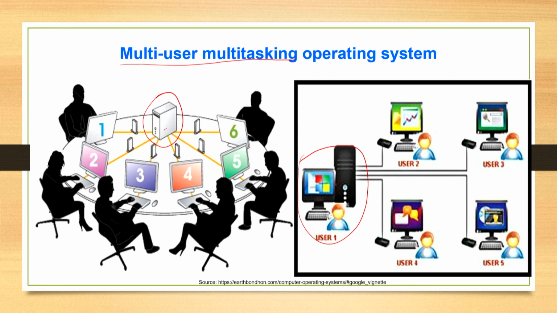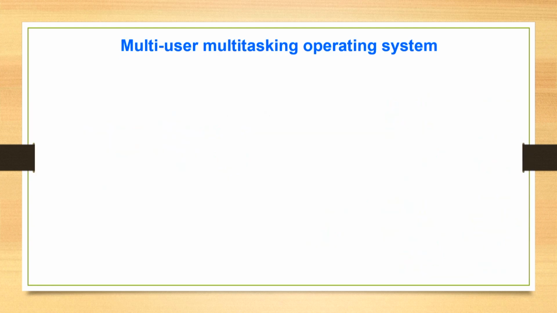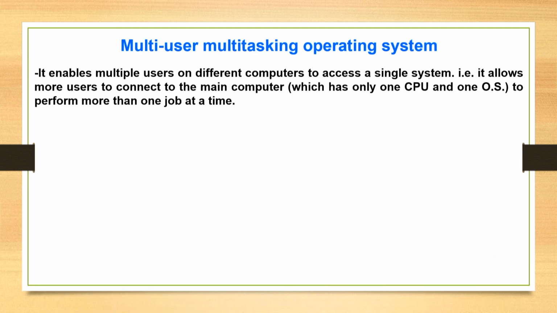So, what is done in the multi-user multitasking operating system? It enables multiple users on different computers to access a single system, that is, it allows more users to connect to the main computer to perform more than one job at a time.